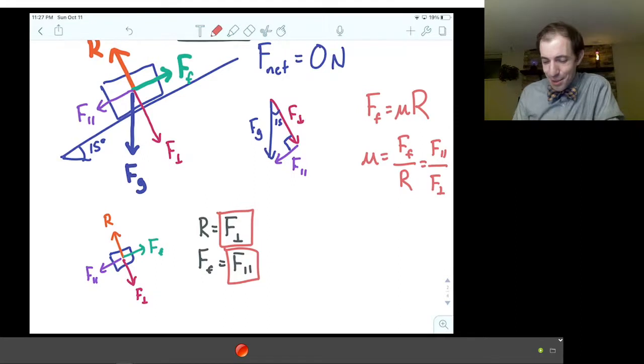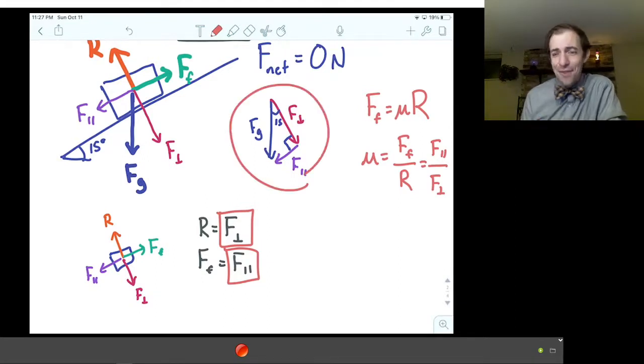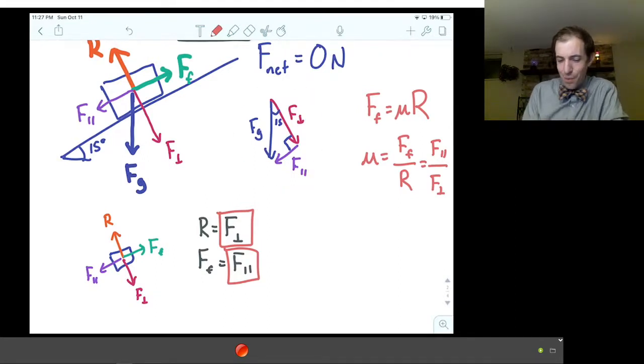All right, let's use our triangle and solve for what we can. We know that F perpendicular is going to be equal to force of gravity times the cosine of 15 degrees, because the cosine is the one that goes with the adjacent side, and that is F perpendicular.